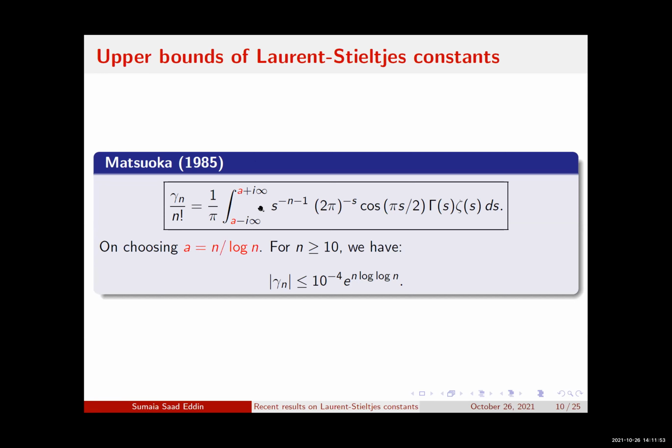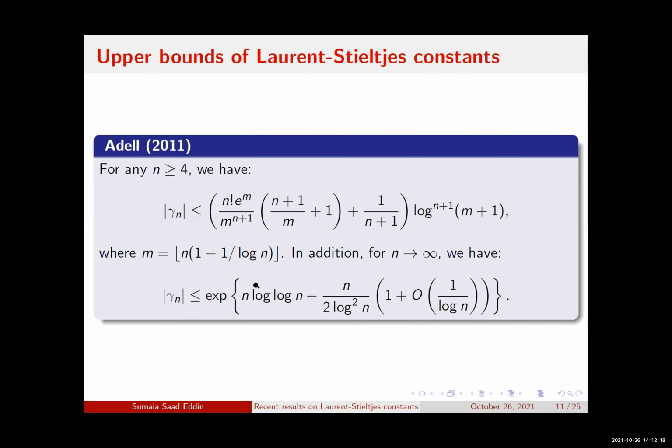In the special case when a in his integral equals n over logarithm n and n is greater than or equal to 10, he got the best upper bound for the absolute value of gamma n. And this result had actually been the best upper bound for the absolute value of gamma n for more than 25 years. And many authors later tried to improve his result.